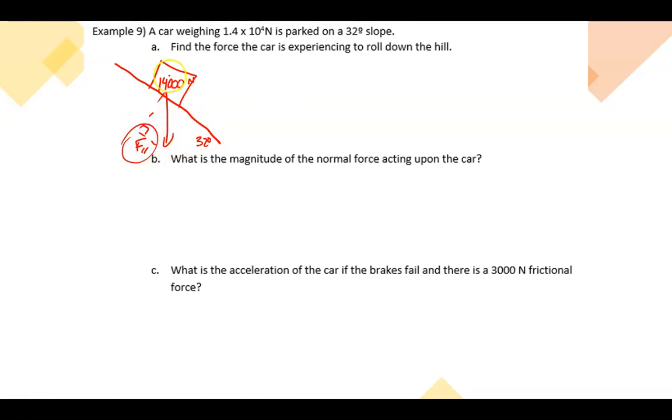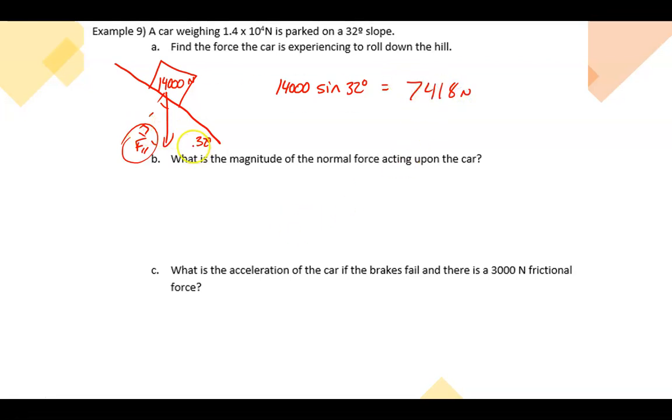Being at a right angle, we know the force down is 14,000. Means that we take the 14,000, and this is the opposite over hypotenuse, so it's sine 32 degrees.